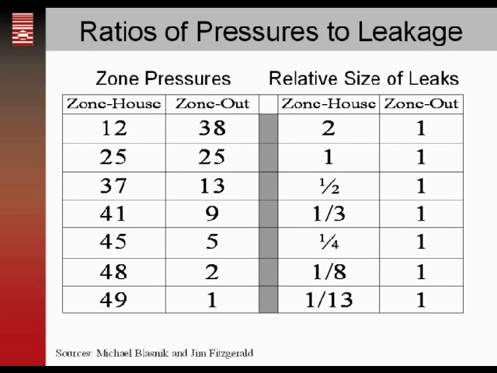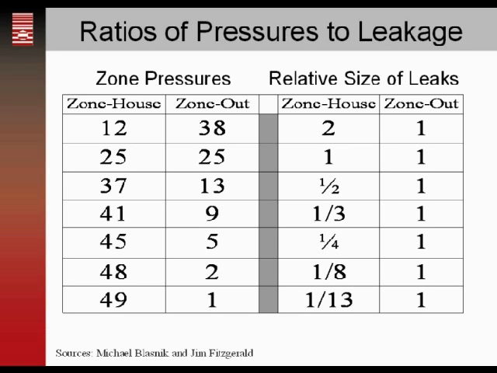These are some zone pressure charts that Michael Blasnik and Jim Fitzgerald came up with, and they show the leakage ratios, the ratio of zone pressures to the relative size of leaks. On the left side of the charts, we're talking about zone to house pressures and zone to outside pressures with the house at 50 pascals.